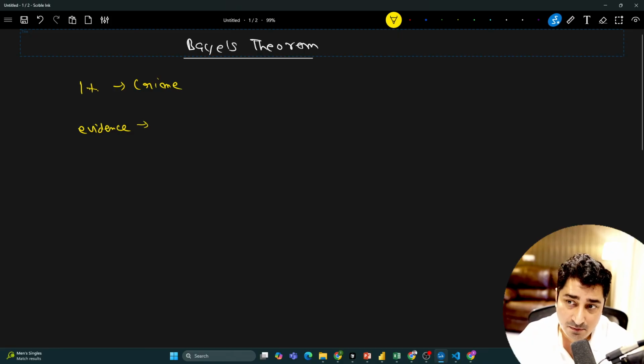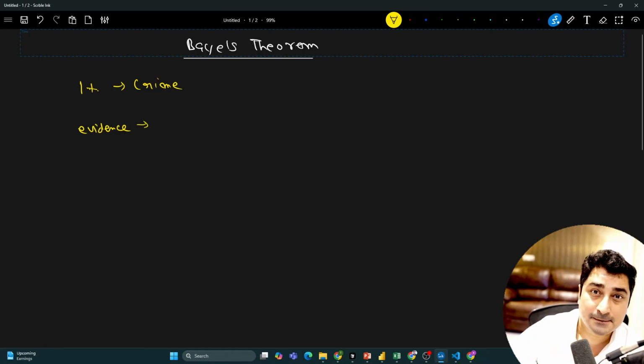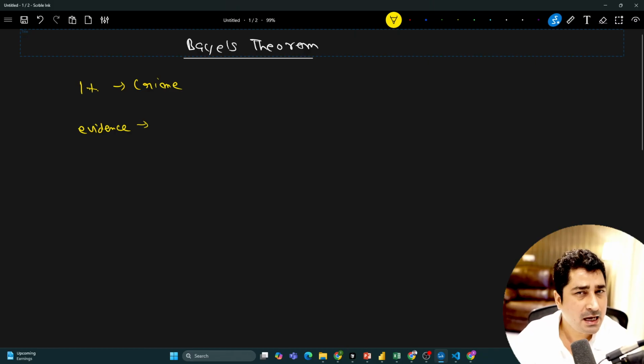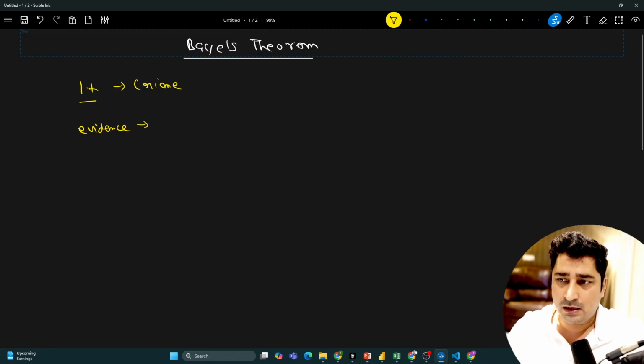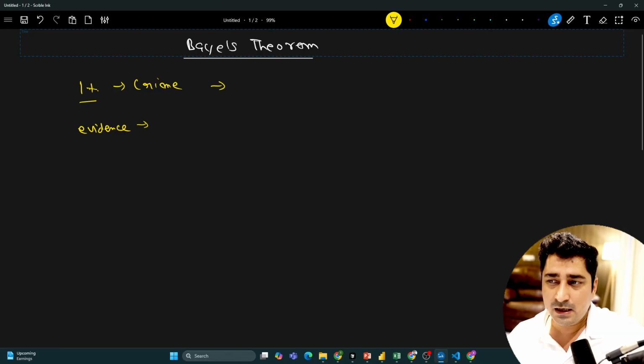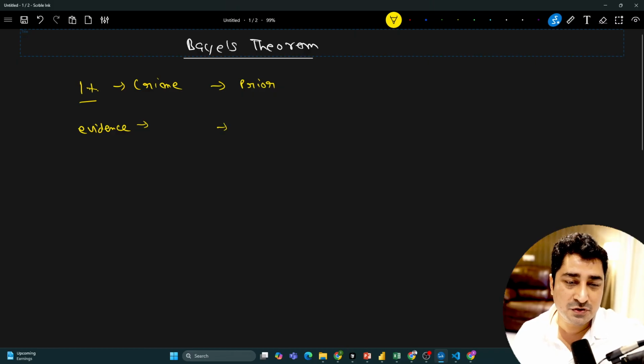Maybe your probability will increase that, if there is evidence, then that person being guilty may be higher. But before that, you had this particular belief that the person is not guilty at all. So this is called the prior probability, and this is called the posterior.